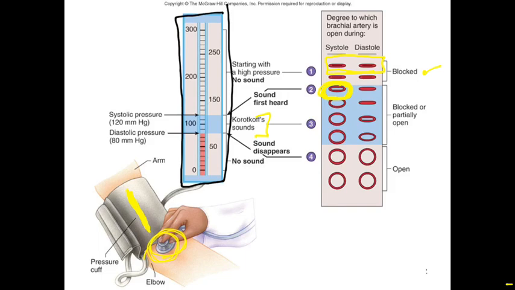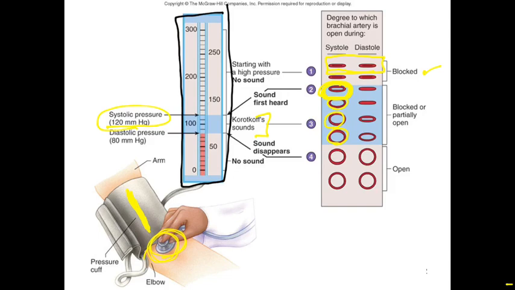And the first sound that one hears through the stethoscope is recorded as the systolic pressure. You'll continue to hear this sound with the stethoscope as long as there's any sort of blockage or reduction in blood flow through the artery.